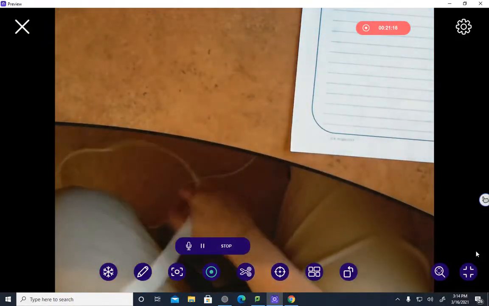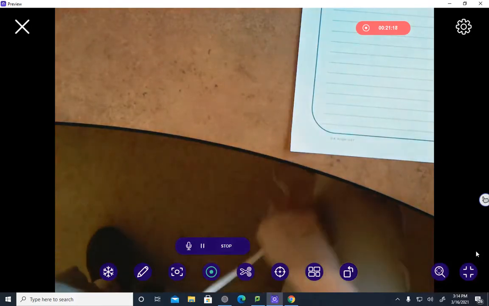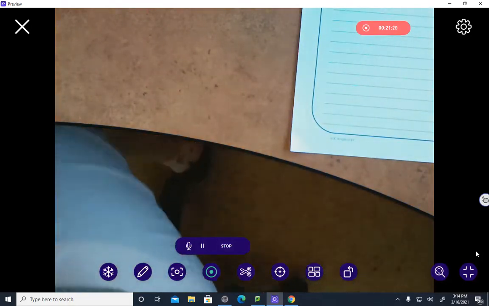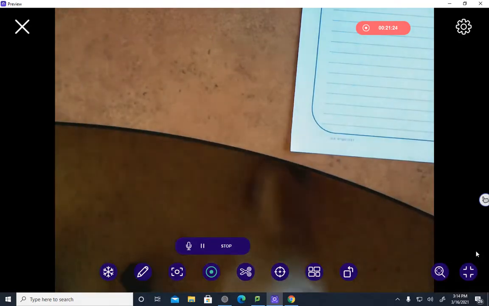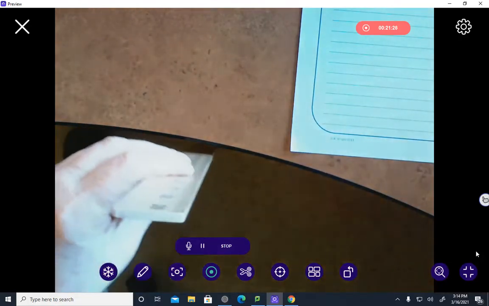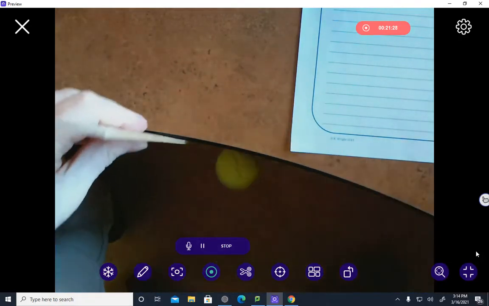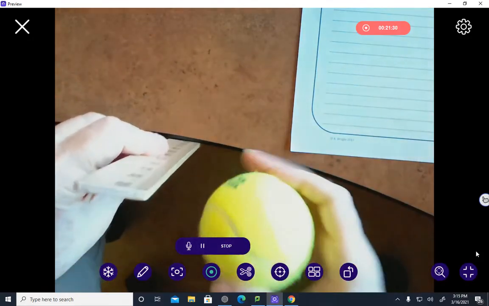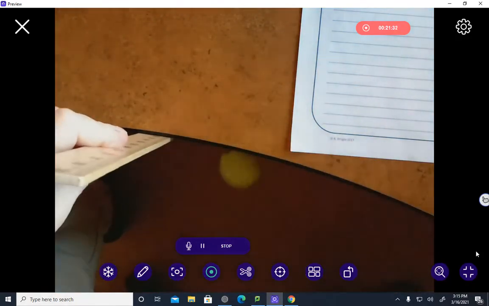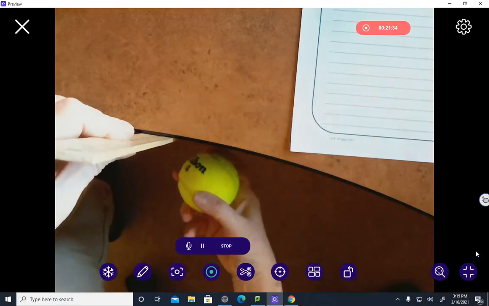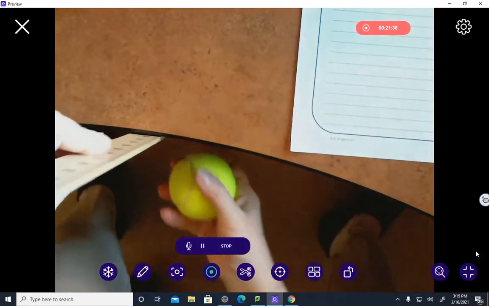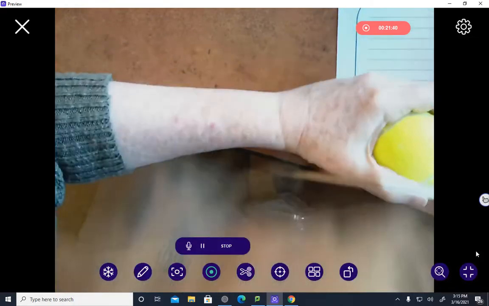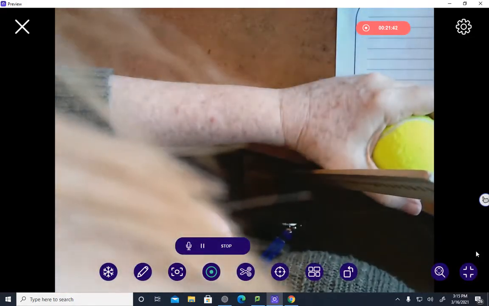So I'm going to try to get these 3 bounces done because you don't want the tennis balls to return to room temperature. So let's see. I'm expecting it to bounce higher. I don't know by how much though. Woo! I got 62 on that one. This is kind of exciting. And about 62 on that one. And definitely about 66. So I'm going to write 62, 62, and 66.